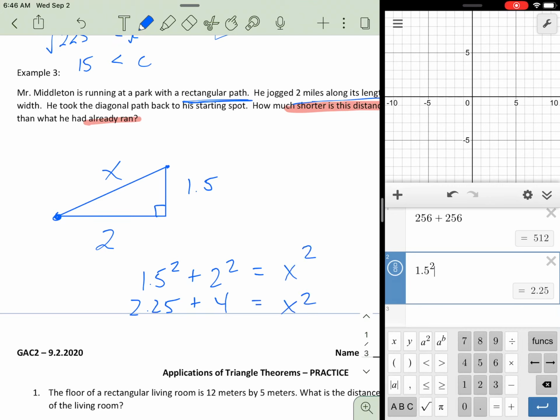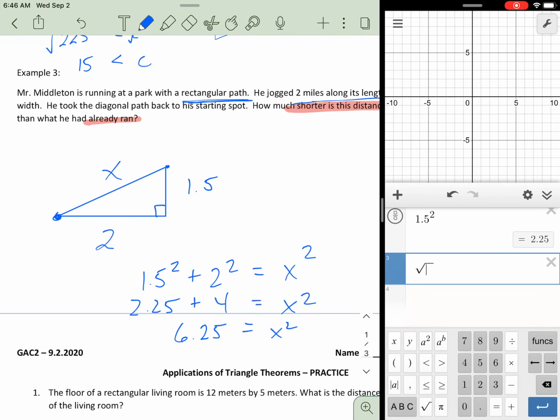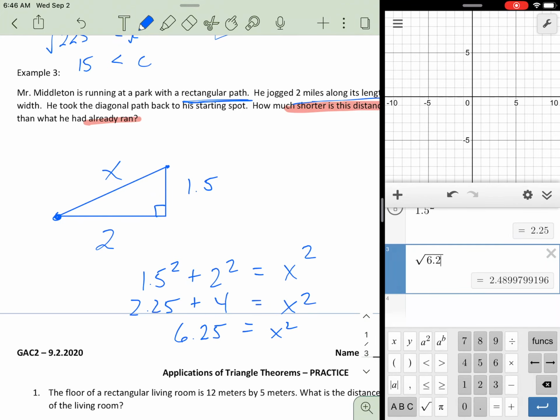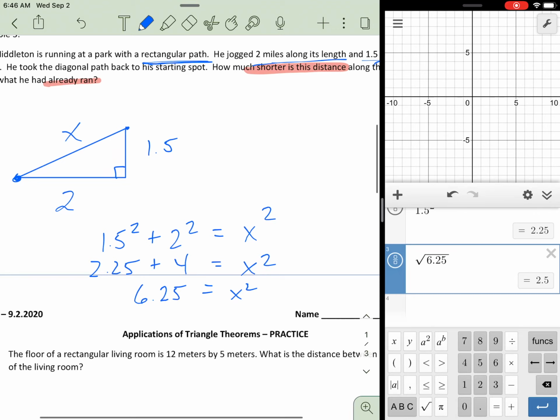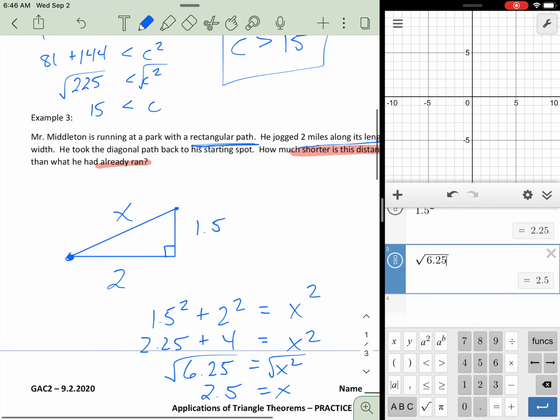So that is 6.25. Let's take the square root of that. The square root of 6.25 is 2.5. So x is 2.5.